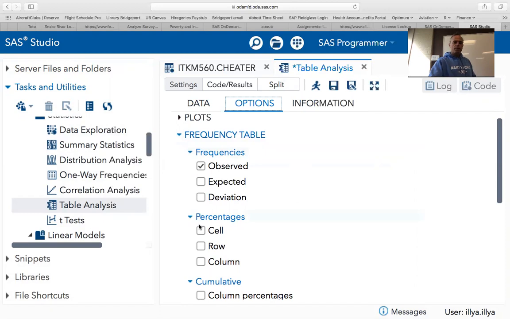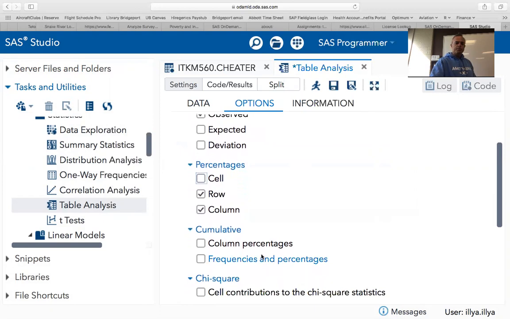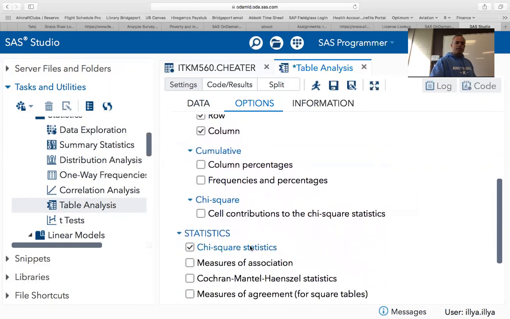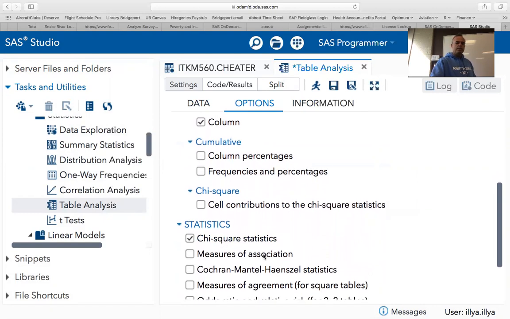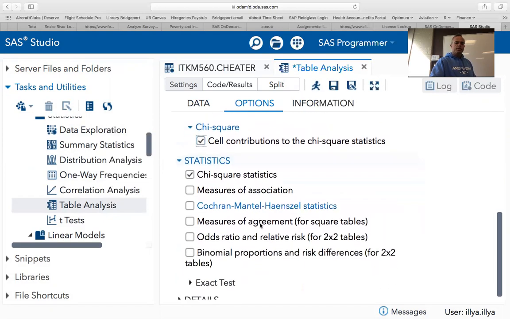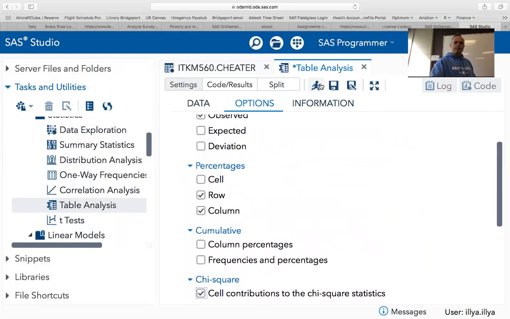So I'm going to click on this, on row and column, okay? And then in statistics, I have chi-square statistics, okay? I'm actually going to click on this as well, okay? And let's just see what this gives us.